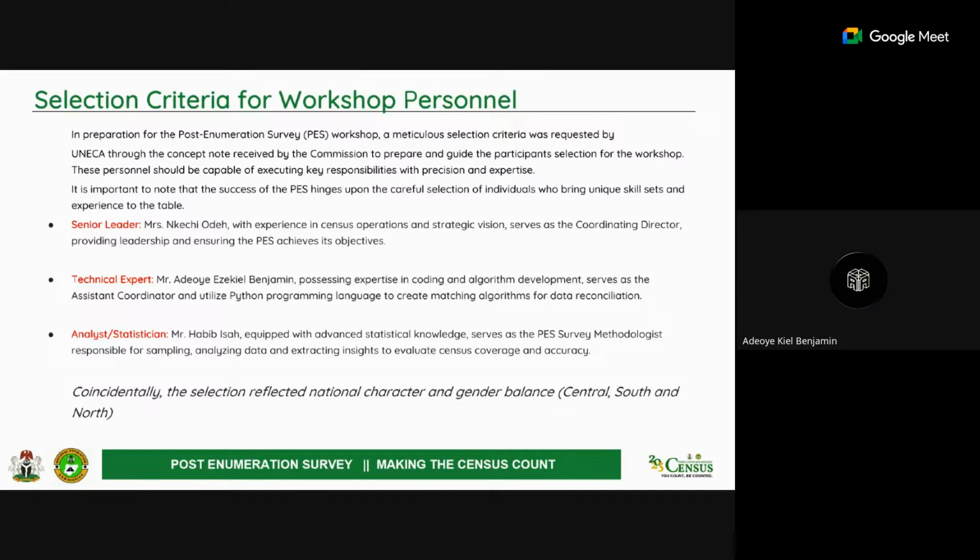Habib has advanced statistical knowledge and survey methodology, and is responsible for analyzing data and extracting insights valuable to census accuracy. And coincidentally, these selected nationals came from different areas, so the selection was well balanced.